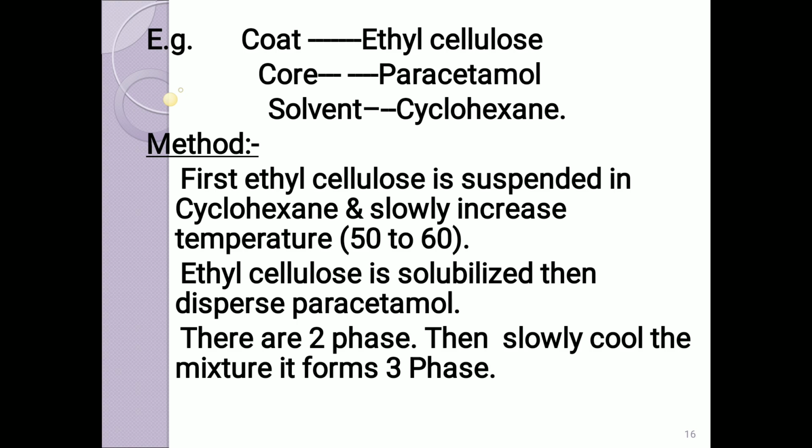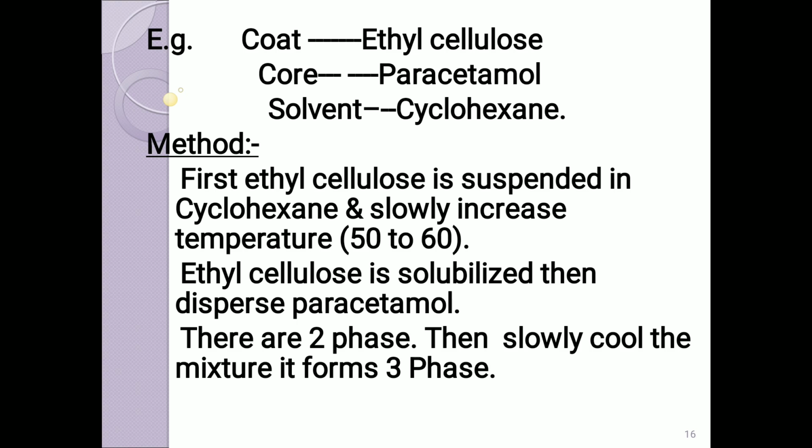Ethyl cellulose is solubilized, then disperse paracetamol. The ethyl cellulose, the polymer, is dissolved in the solvent. Then add the drug, that is the core, so that drug is also dissolved. There are two phases, that is solution of ethyl cellulose and drug.